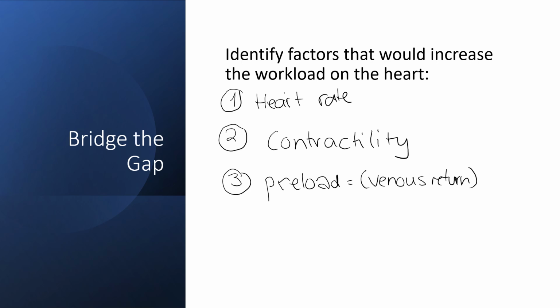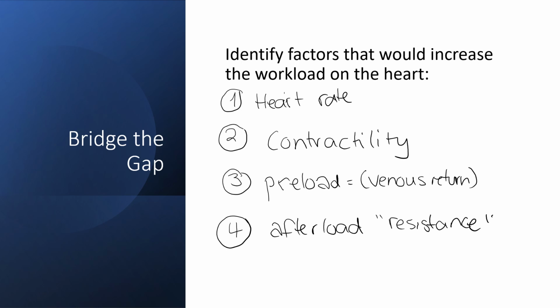And then lastly, afterload. Remember, we said afterload is not volume, but rather it's resistance. It's workload, so the amount of force that the left ventricle has to exert in order to eject its volume. So if the afterload is high, think about some things that will make that afterload high.